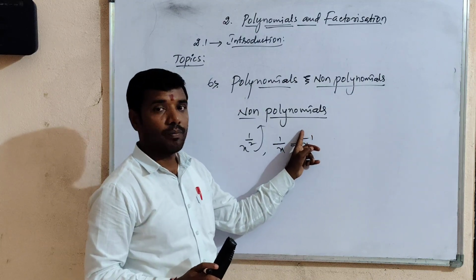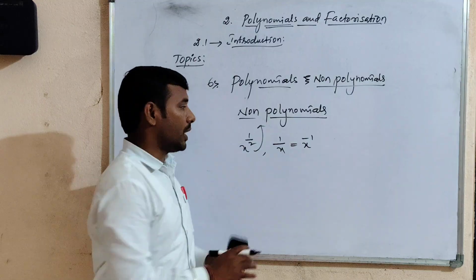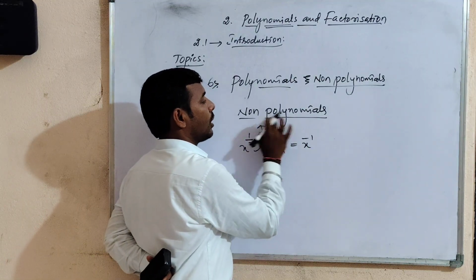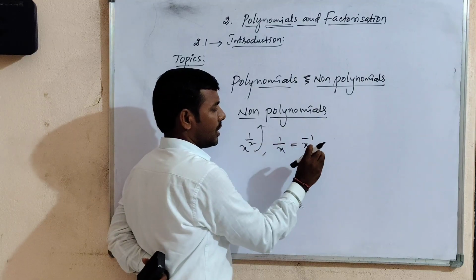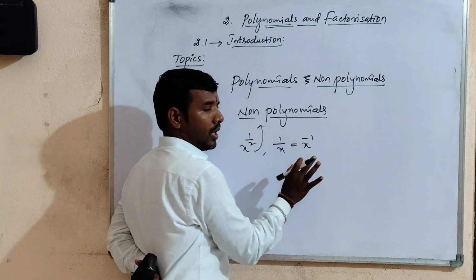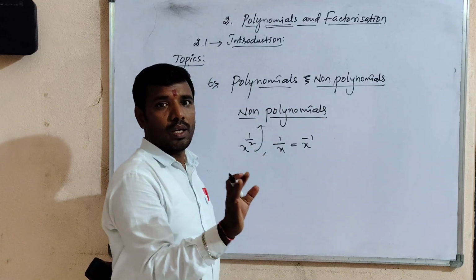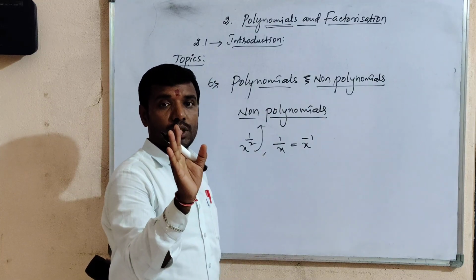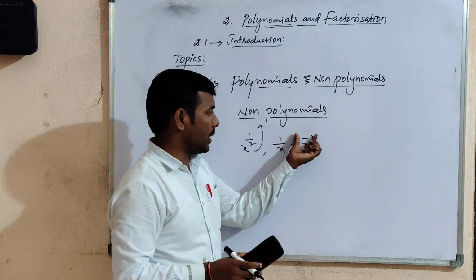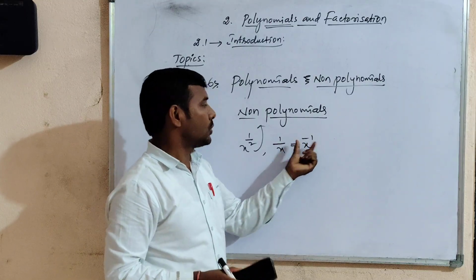It is an integer, so this is not a polynomial. This is called non-polynomial. In a sense, the exponents of the variable are not whole numbers. Minus 1 is not a whole number. That's why it is non-polynomial.